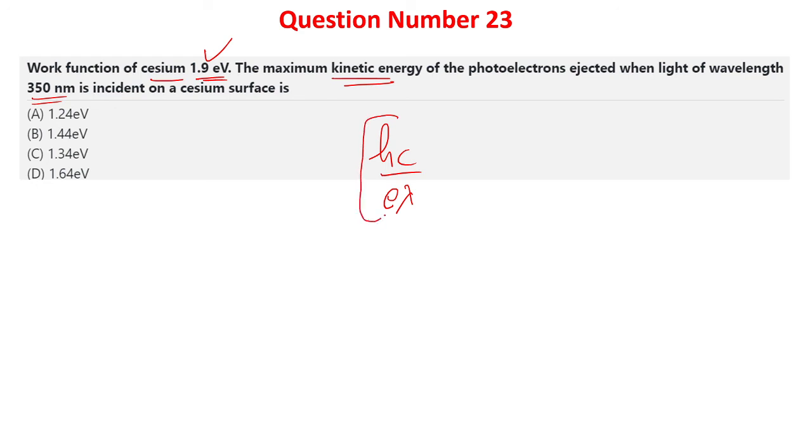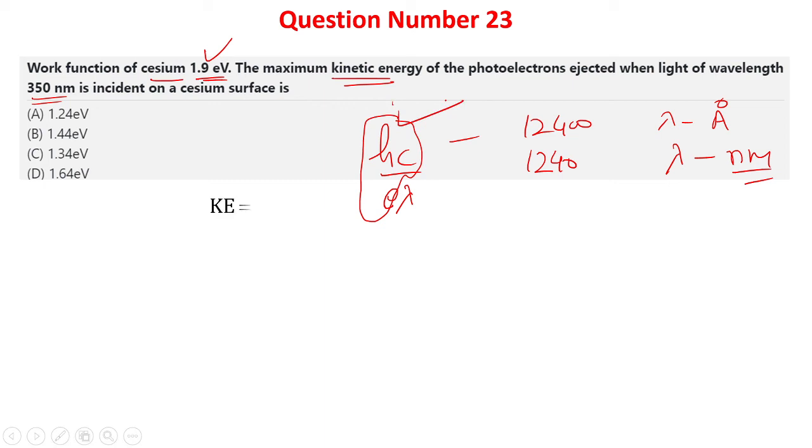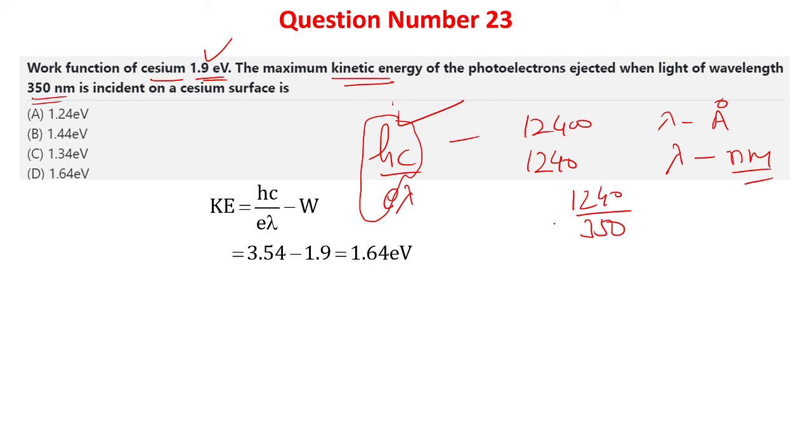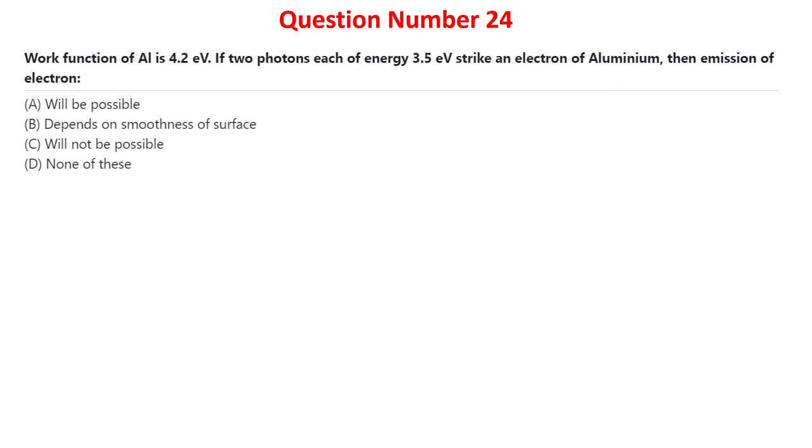Remember to put hc by e as 12,400 if wavelength is in angstrom, and hc by e as 1240 if lambda is in nanometer. So this is the formula to be used. Kinetic energy is hc by e lambda, with hc by e taken as 1240, divided by 350. Solve, you will get this value. Subtract the work function from it, you get the kinetic energy. So option number D.